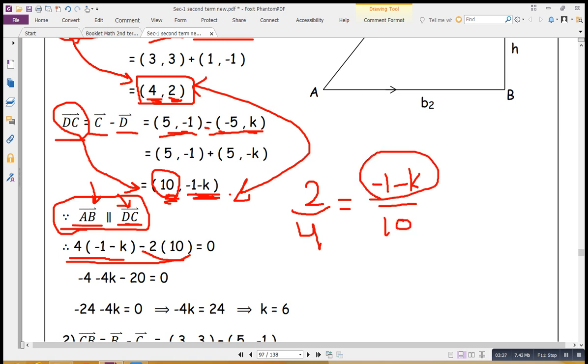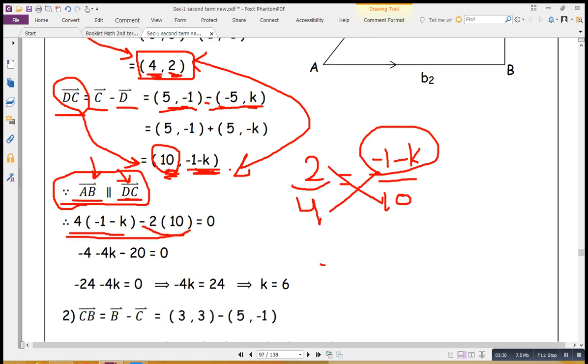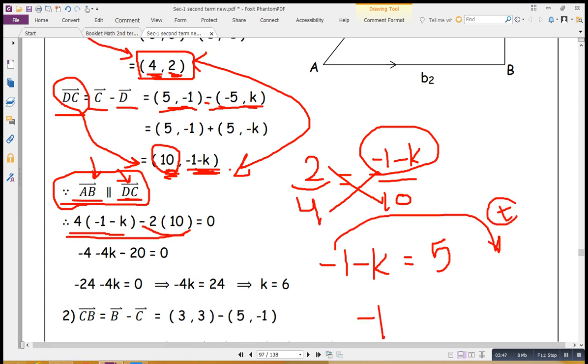How can we find this? By cross multiplication. To find -1 minus K, we multiply 2 by 10 over 4. 2 times 10 is 20, over 4 is 5. Then the -1 goes to the other side as positive, so negative K equals 5 plus 1, which is 6.